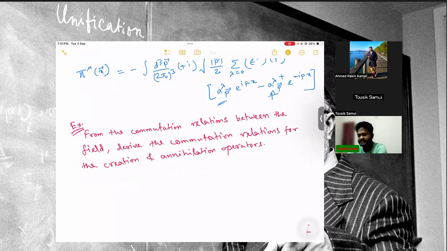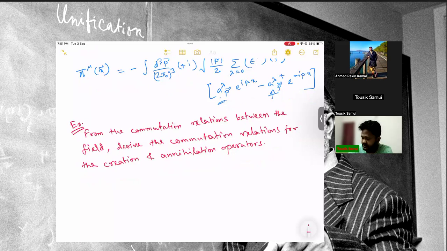If you see the expression and mode expansion, it will be similar to the one in the case of the scalar field. So the answer is that the commutation relation will be essentially a lambda q, a lambda prime with the same momentum, the usual one.